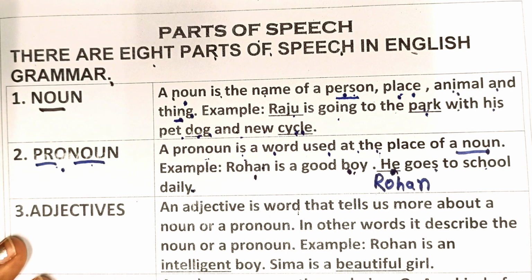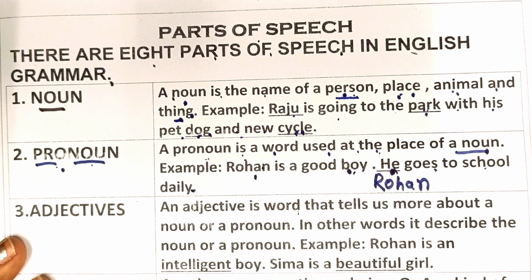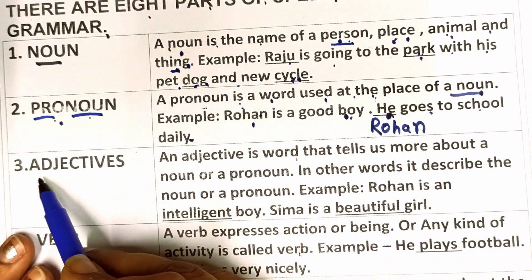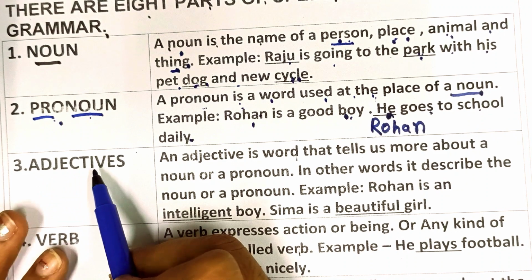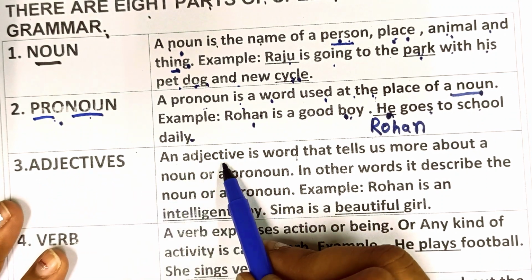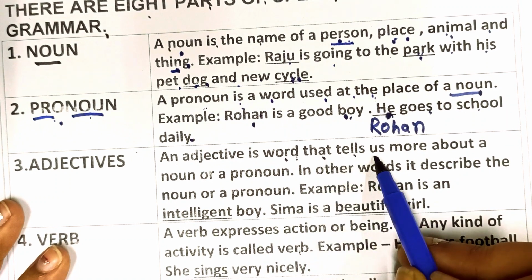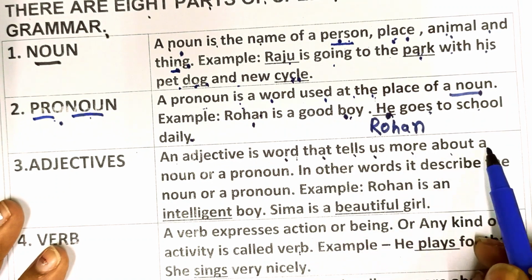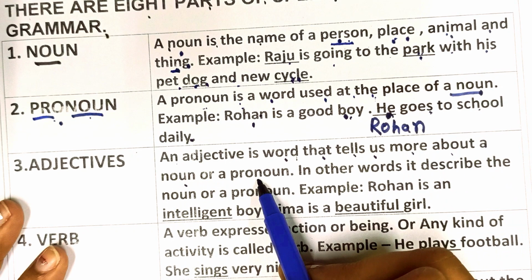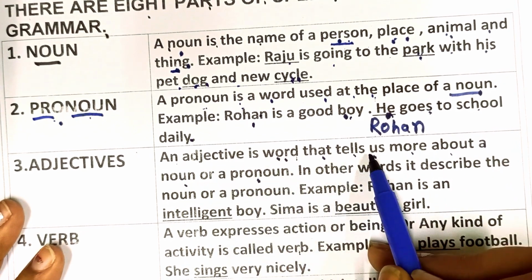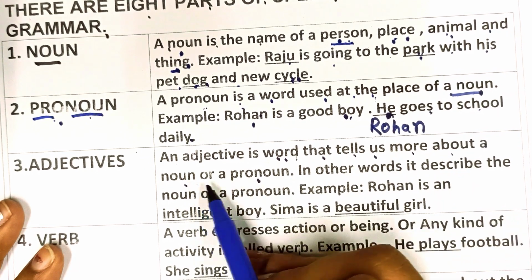Okay, so next part of speech is our adjectives. An adjective is a word that tells us more about a noun or a pronoun. Clear? Adjective is a word that tells us more about a noun or a pronoun.